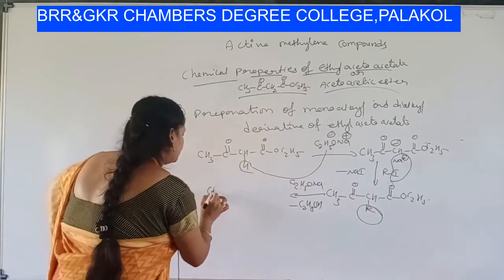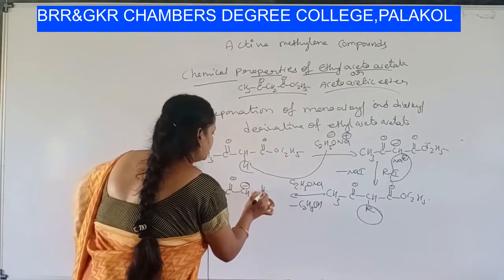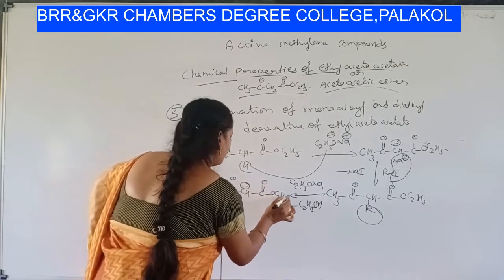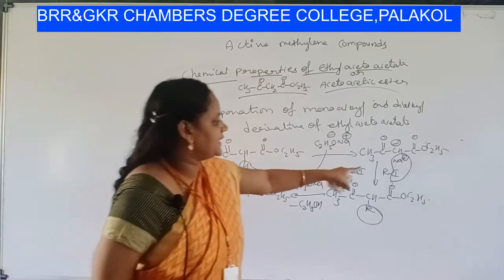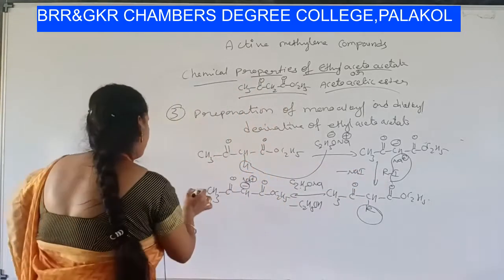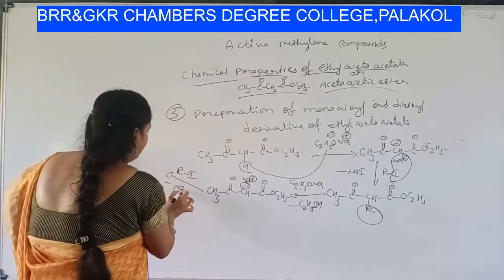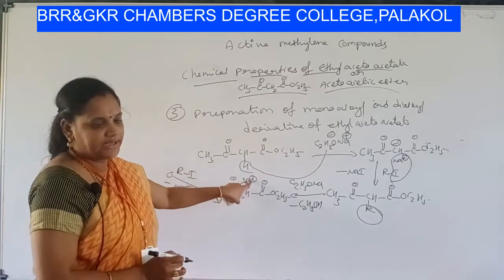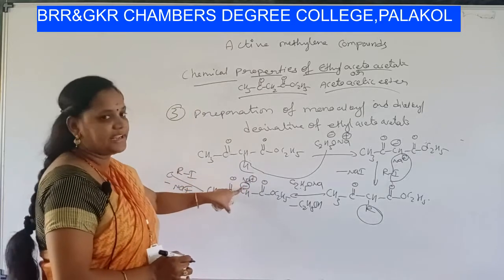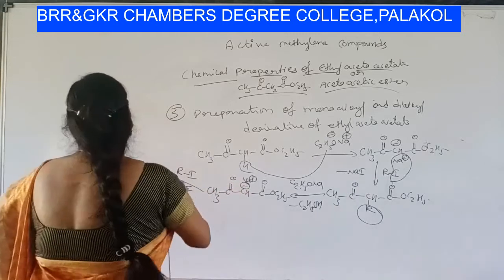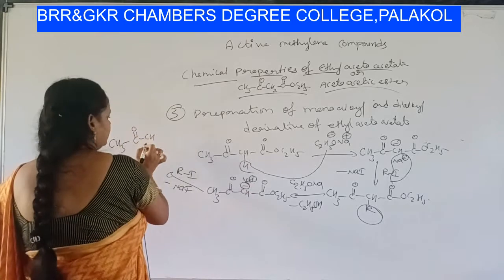You will get CH3 C double bond O CH minus C double bond O OC2H5 and Na plus here. Again, what you have to add in the second step, students? RI, alkyl iodide, so that Na plus from here, iodine from here, NaI is removed and the R group is attached to the carbanion. You will get CH3 C double bond O CH.